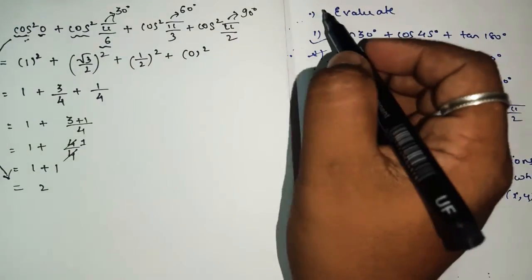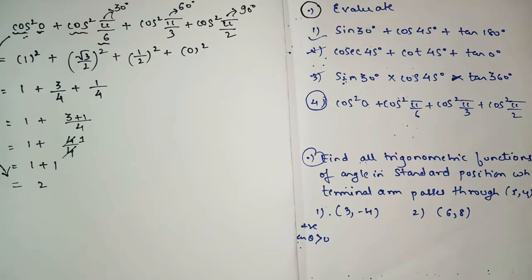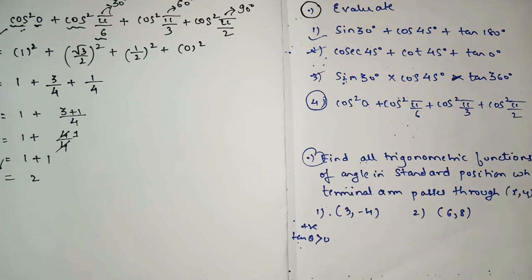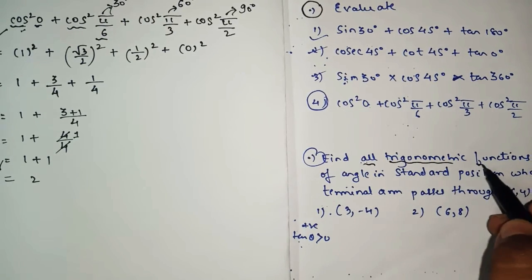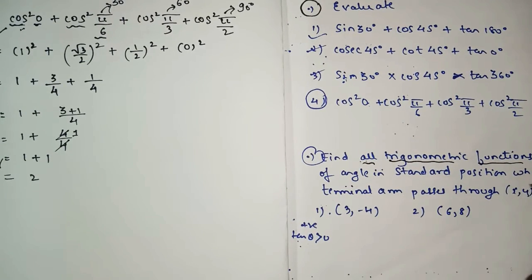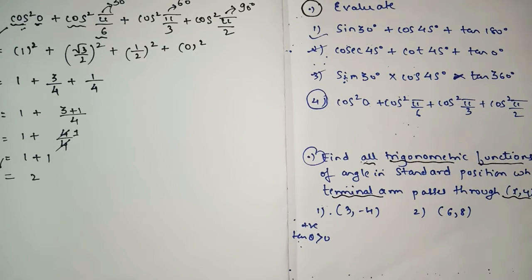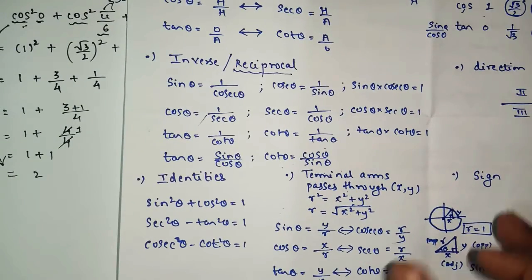Now we have completed this question, so we have completed the first, second, third and fourth also. Let's move on to the next one. In the next one it says that you have to find all trigonometric functions of an angle in standard position whose terminal arm passes through x comma y.